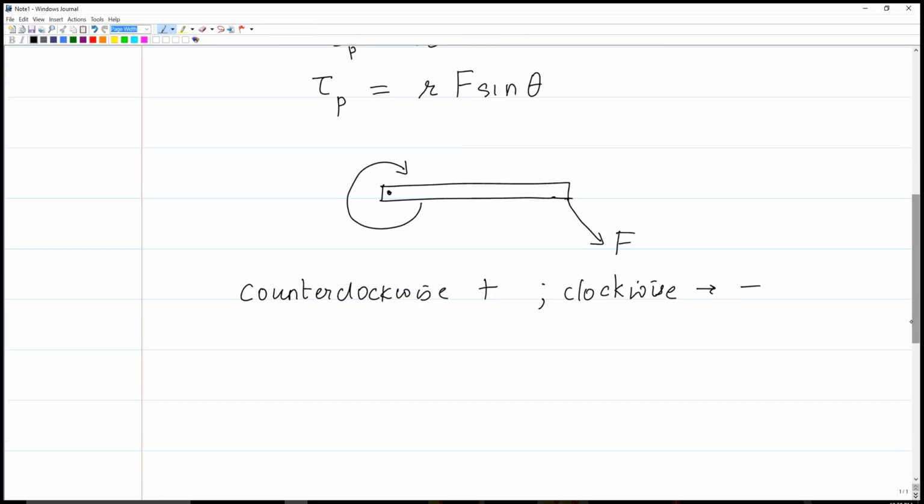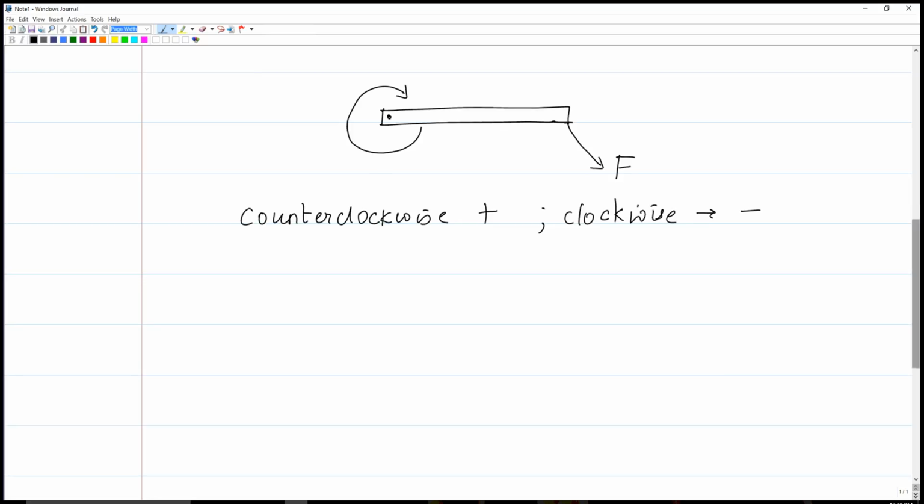From your vectors, you would have learned something about the cross product of vectors, and if not, here's a very simple way of looking at things.